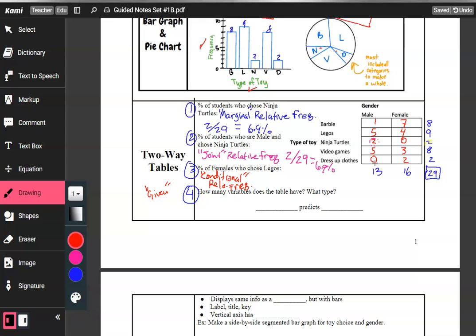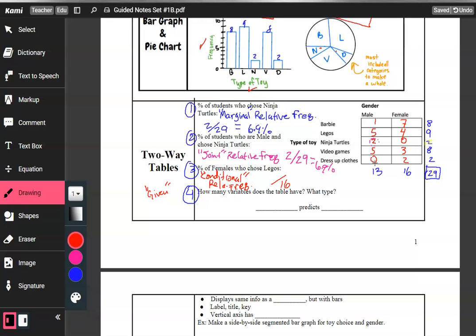So number 3 says the percent of females who chose Legos. So we look at the percent of females. Here's the percent of females. And we know that there's 16 females. So this is going to be out of 16, not out of 29, because we want to look at the percent of females.